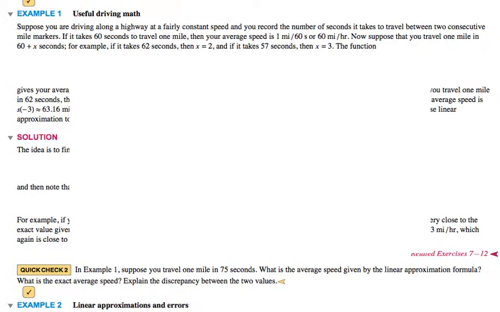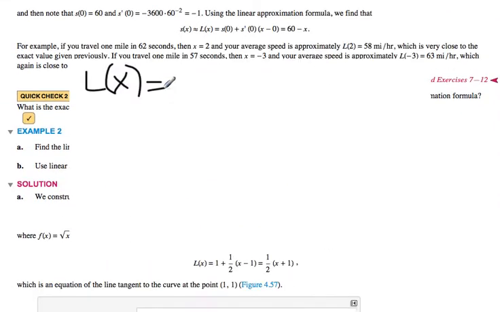Quick check 2 asks, what's the average speed given by the linear approximation formula? Again, remember in this case we have L of x. Our linear approximation is going to be 60 minus x.